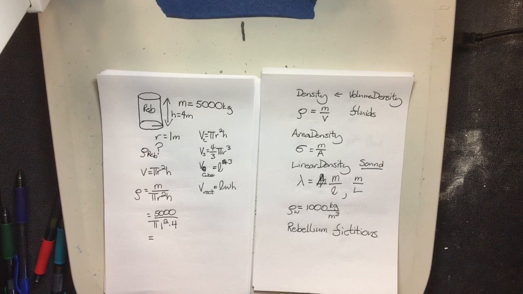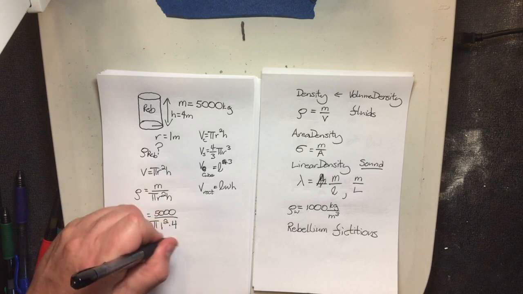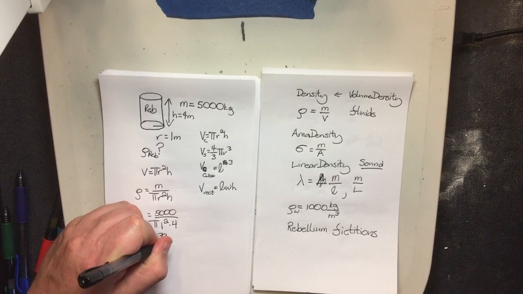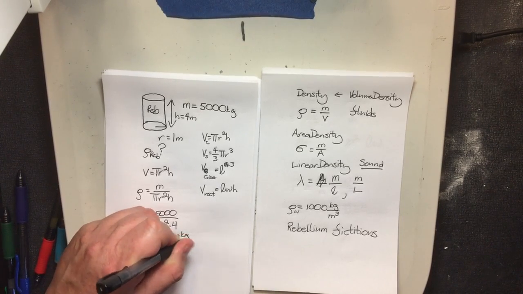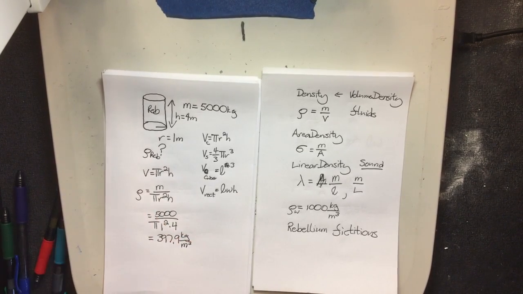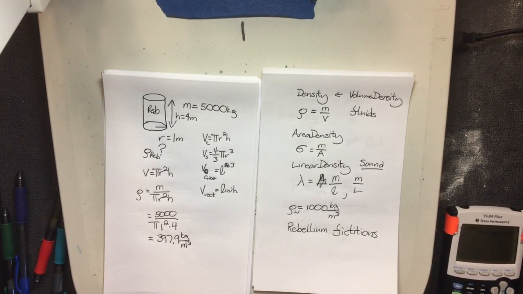So 1250 divided by pi, 397.9 kilograms per cubic meter. That's the density of rebellium, that sample of rebellium.